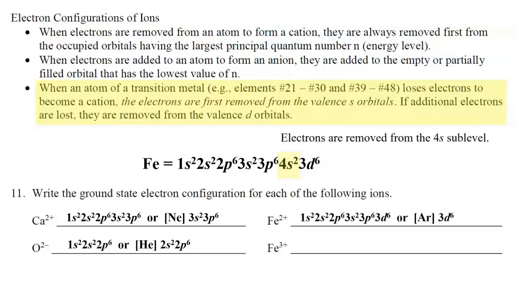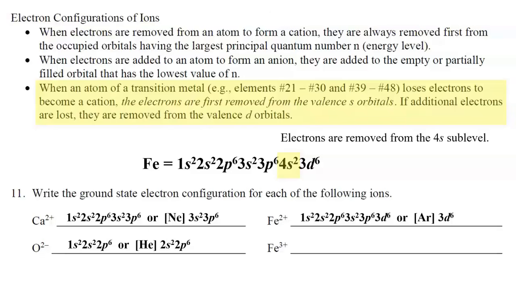And here is the electron configuration of the iron 2+ ion. So I wrote argon in brackets, which gets us up to 3p6, and then followed by that last portion of the electron configuration, in this case, 3d6. Well, what if I have to take another electron away? Where does it come from?